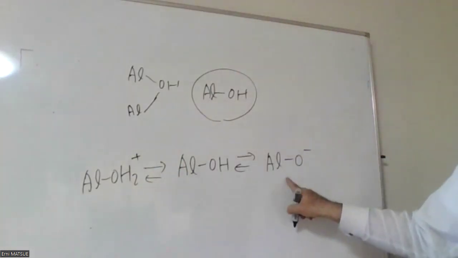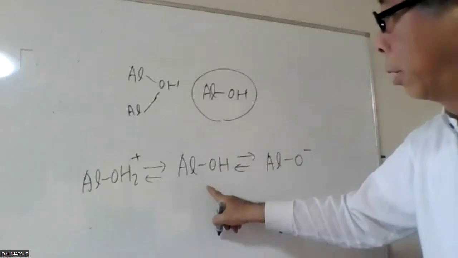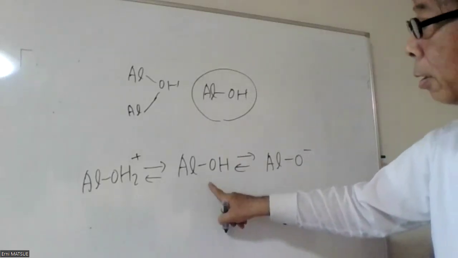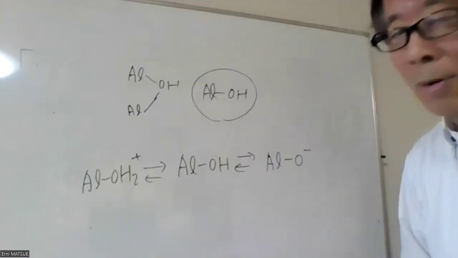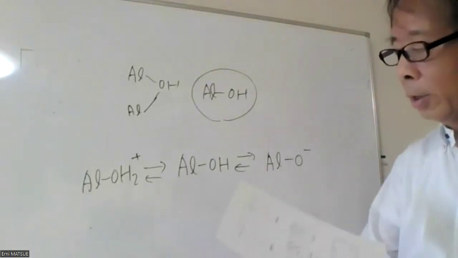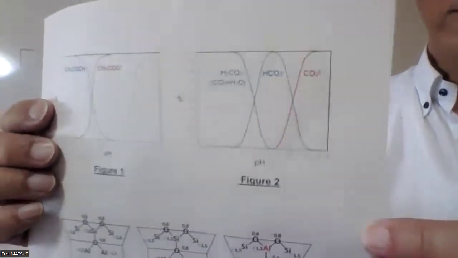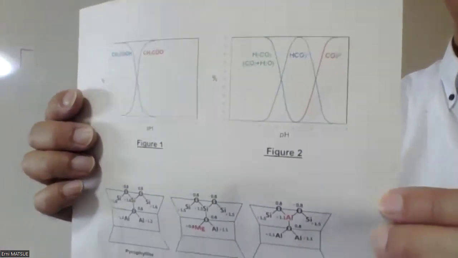I just consider only the three species: neutral, positive, negative species. So the dissociation curve is roughly, very rough. Okay, thank you very much.